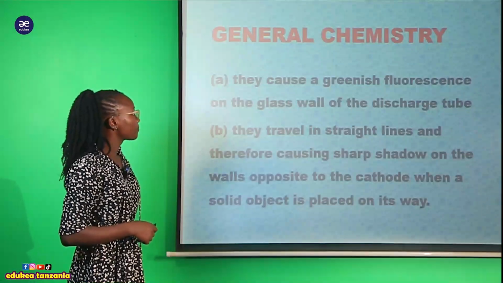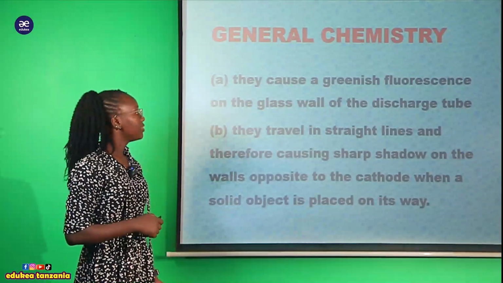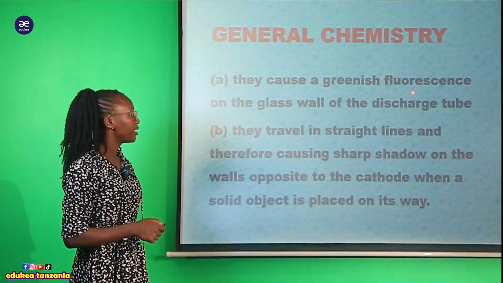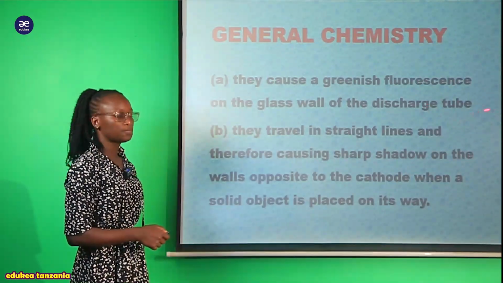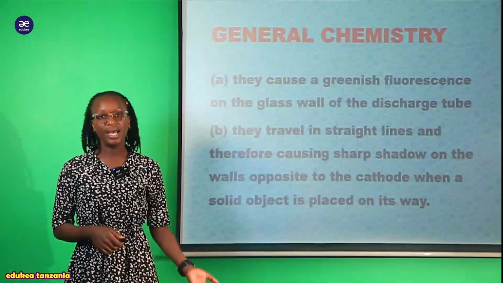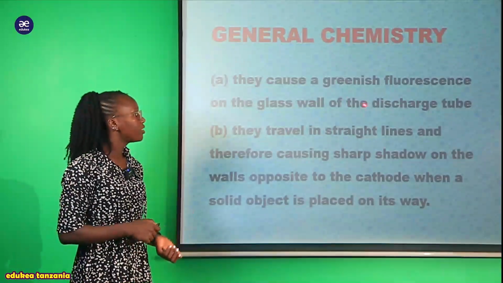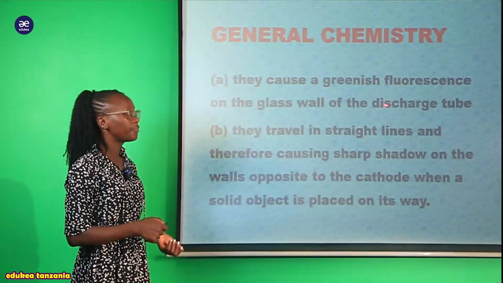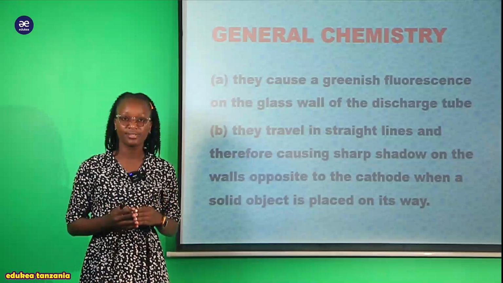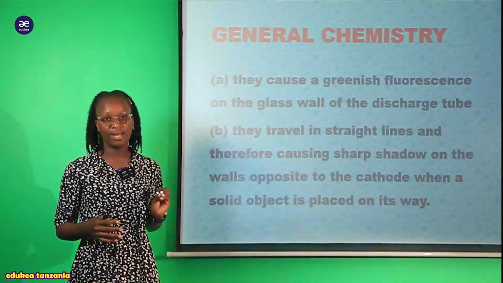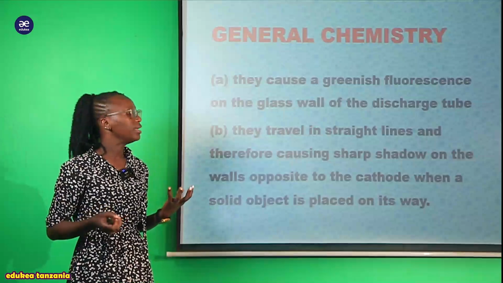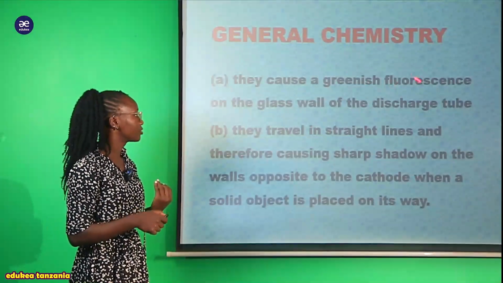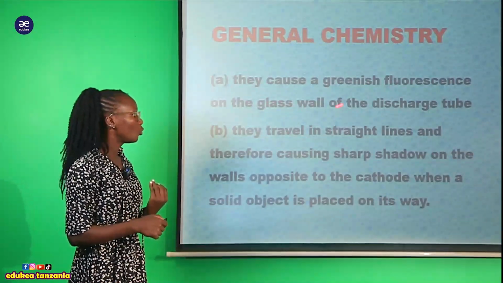The first one is that cathode rays cause a greenish fluorescence on the glass wall of the discharge tube. Kwamba zile cathode rays huwa zinasababisha hii rangi greenish fluorescence. Greenish fluorescence ni kama ni miale fulani, mianga fulani. Kwa hiyo ilikuwa inatokea kama miale fulani hivi ambayo ilikuwa ina display this greenish color on the glass wall.